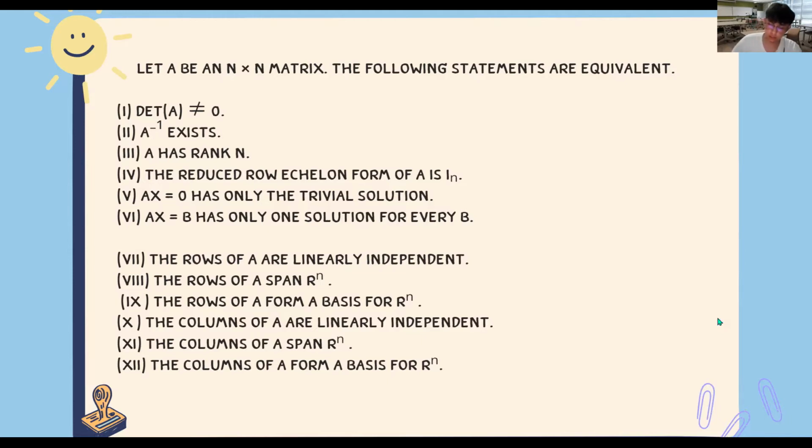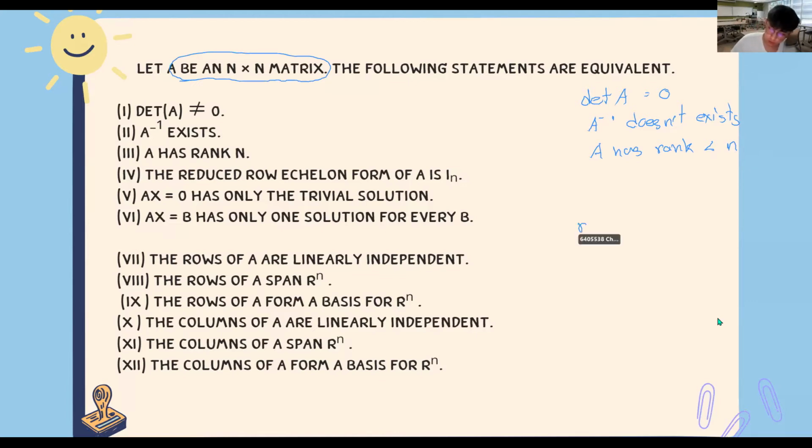And another thing is if you know that determinant A is equal to 0, you know that A inverse does not exist, and A has rank less than n. A cannot have rank more than n because A is an n by n matrix.